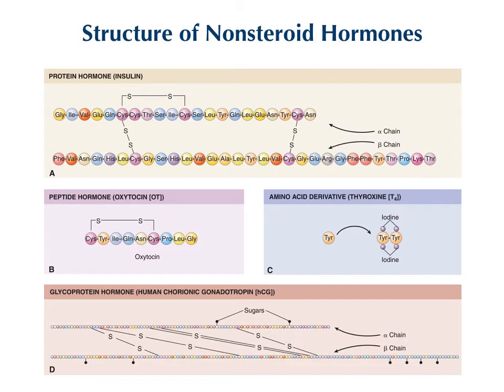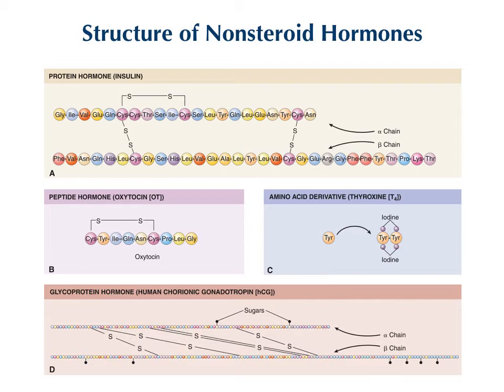Here we see the structure of various peptide, polypeptide, and amino acid derivative hormones. Notably at the top in letter A, you can see the structure of insulin, which has 2 chains, a smaller alpha chain and a larger beta chain that have 2 disulfide linkages linking the two chains together, and there's another disulfide link on the alpha chain itself.